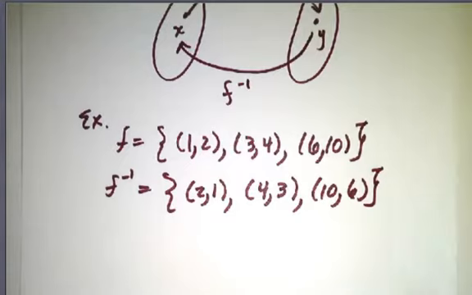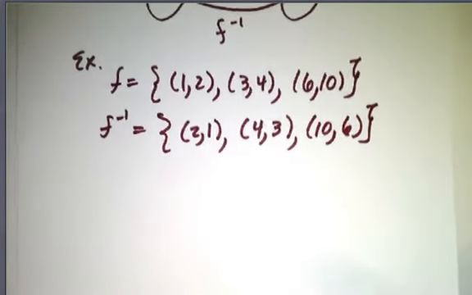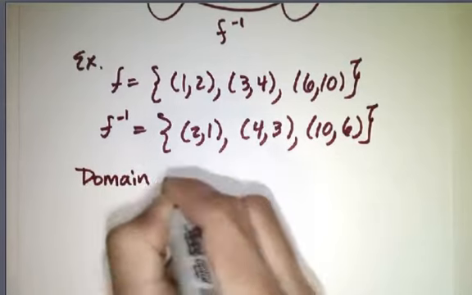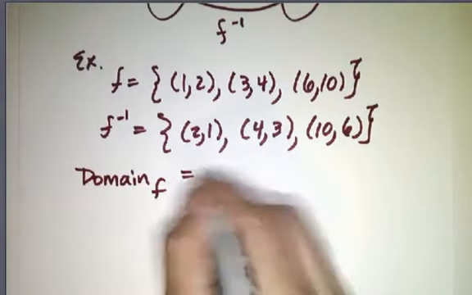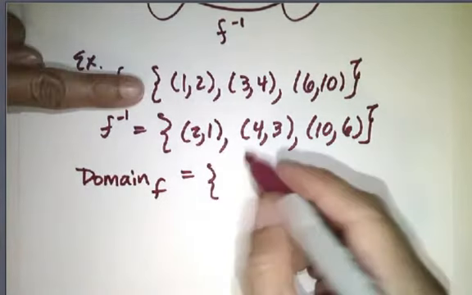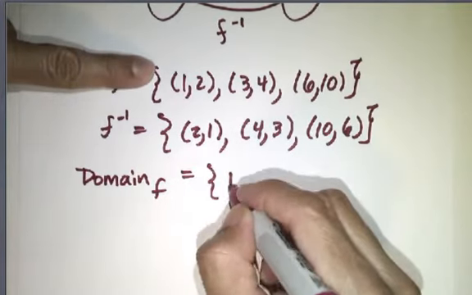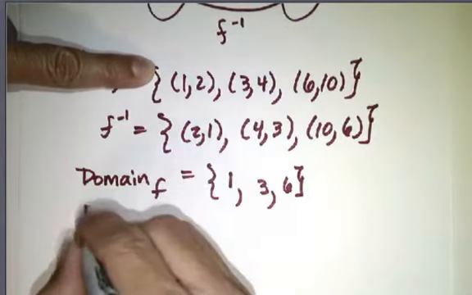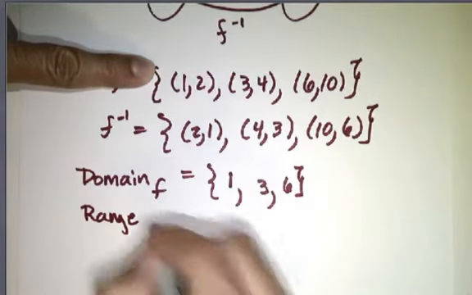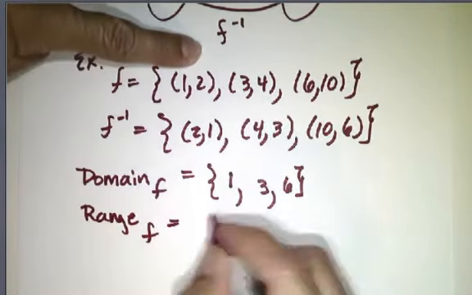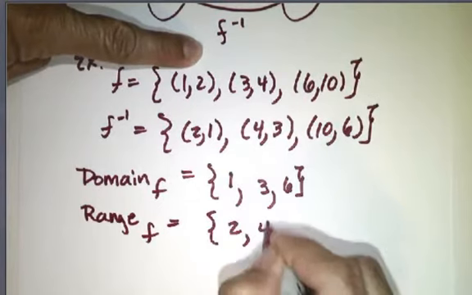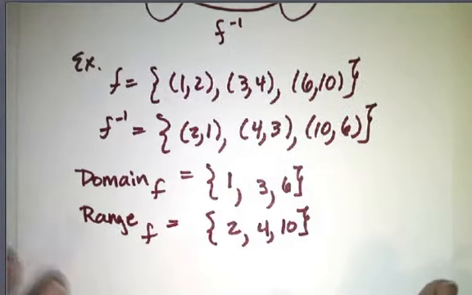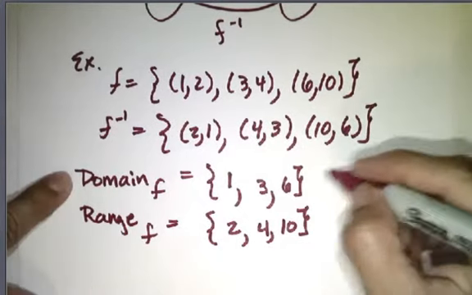Now, you should notice something else. The domain of f is equal to all the first coordinates, so it consists of 1, 3, and 6. The range of f is all the second coordinates, 2, 4, and 10. And look at what we can say about the domain and range of f inverse.